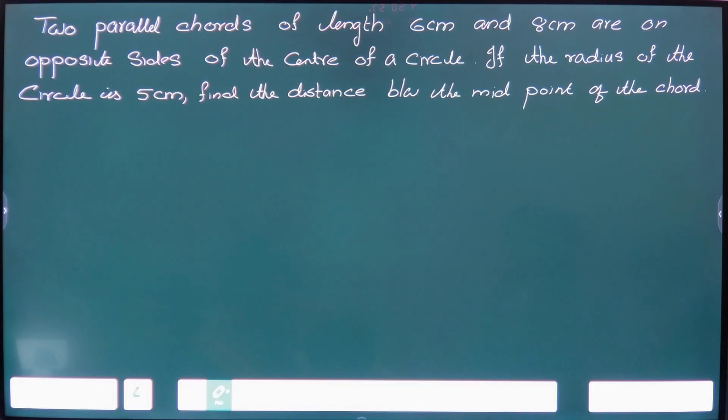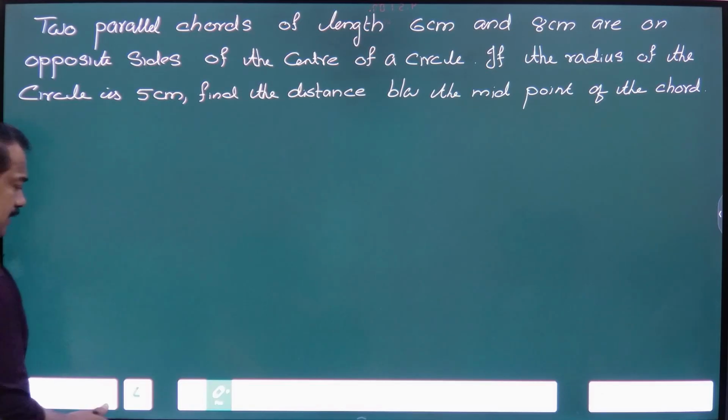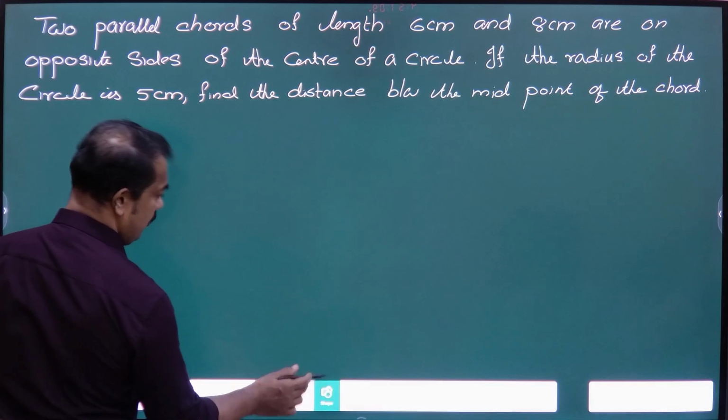If the radius of the circle is 5 centimeter, find the distance between the midpoints of the chords.